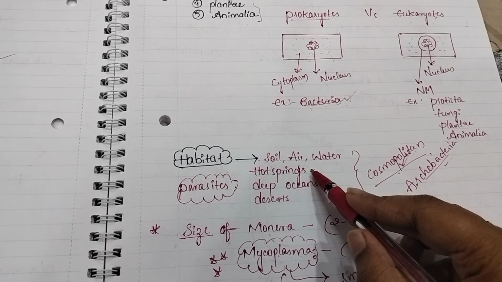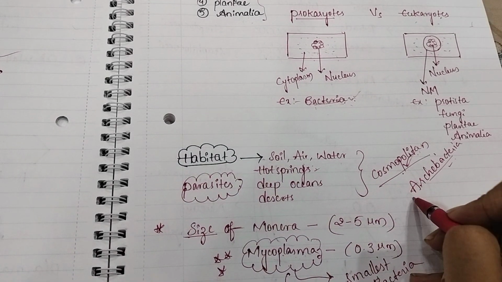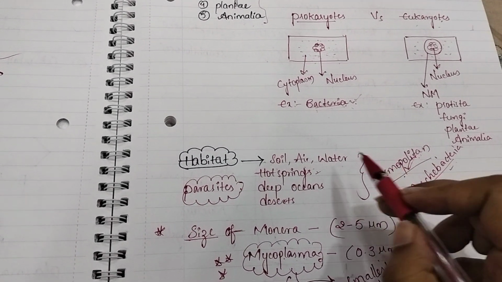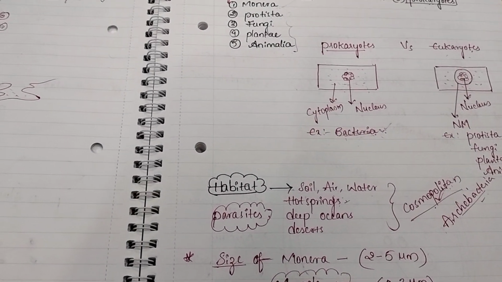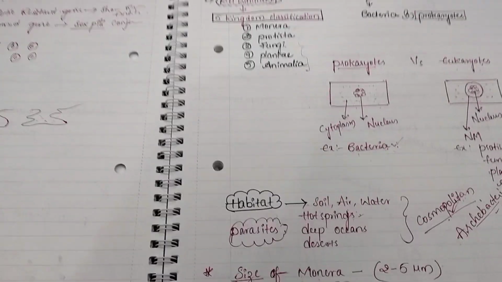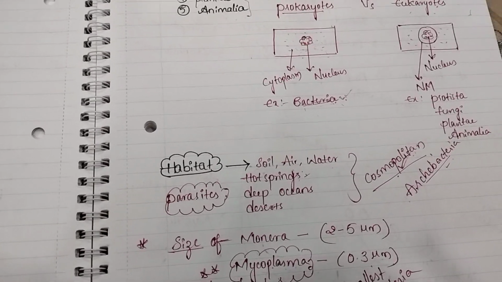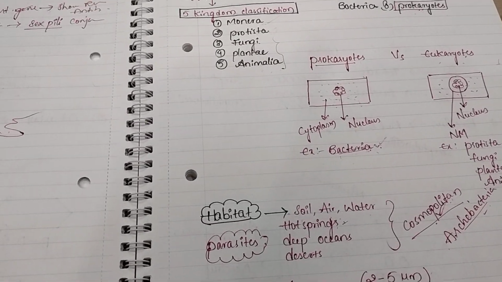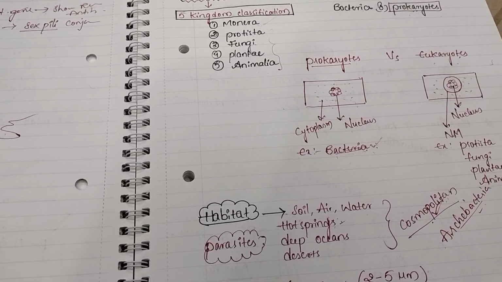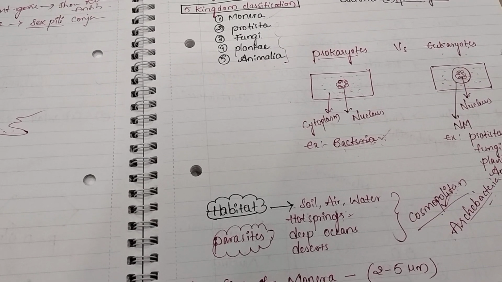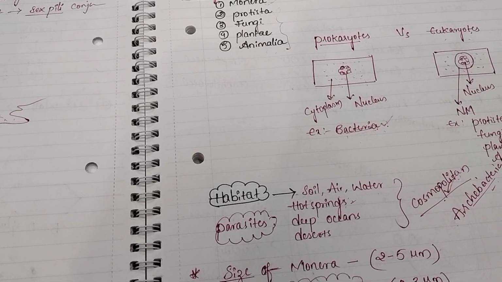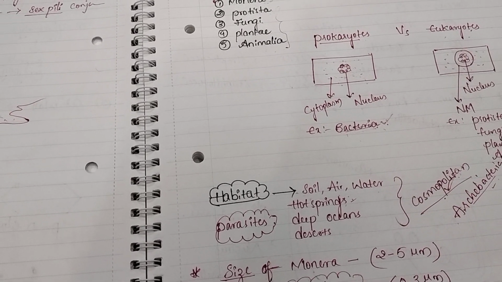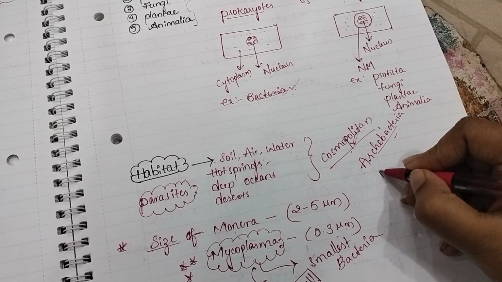We couldn't survive there. But archaebacteria can survive in the hot springs because of some body modifications. They can survive in extreme conditions. Archaebacteria can also survive in extreme salt conditions and wetlands, for example methanogens.